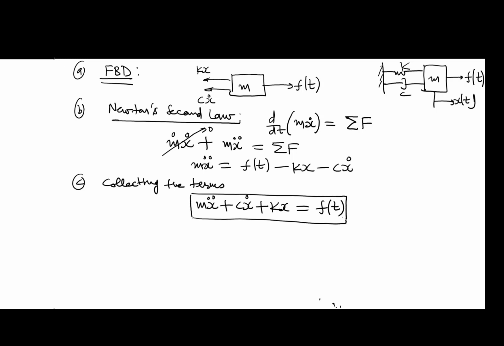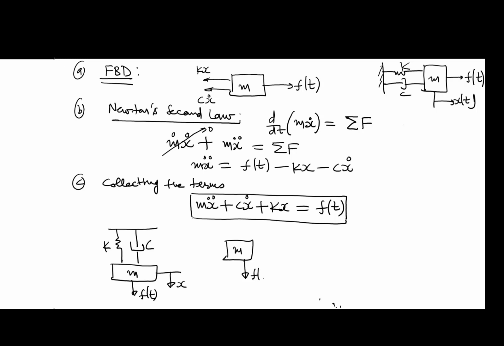Now let's reorient the body and try to see what will happen when the body is in the vertical position, where everything will remain the same. Now if you draw its free body diagram, the same thing will come. So you have an F of t force, Kx force, C x dot force. Any other force will come? Gravity force will come, mg, right?